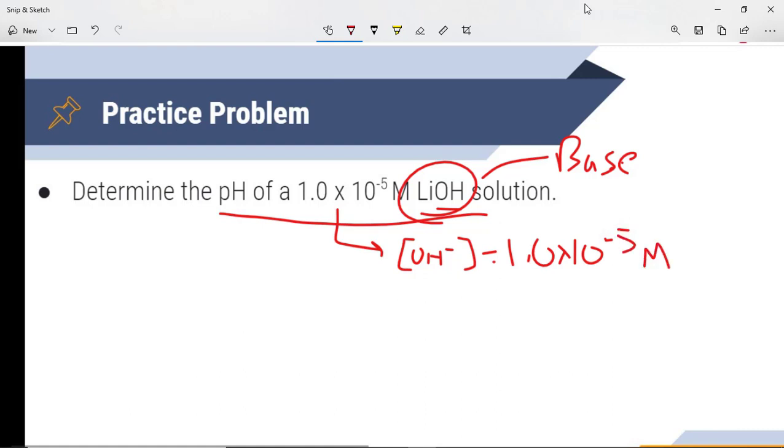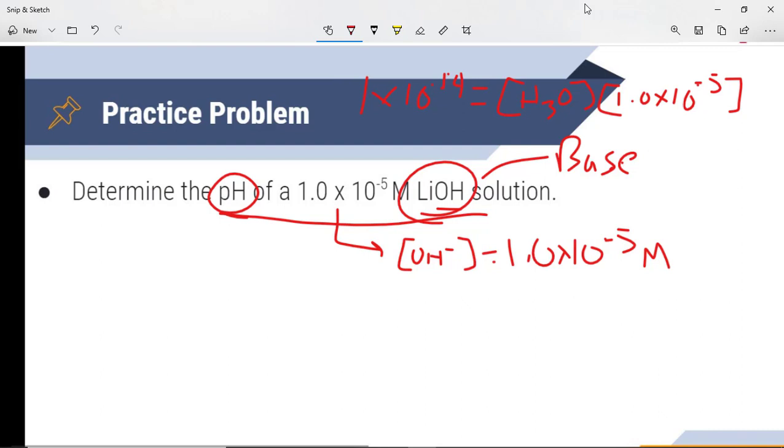So there's a couple ways that you could get the pH from this using the equations we've talked about before. We could take 1 times 10 to the negative 14th, plug in H3O and our value for OH. That would give me my H3O concentration.